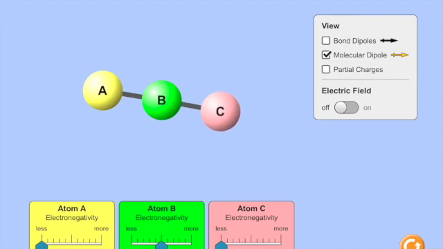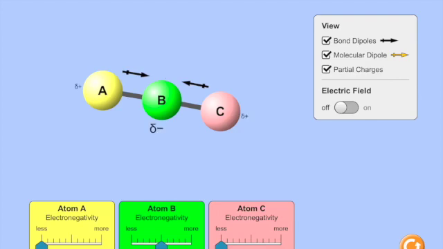Atom A and atom C are less electronegative than B. And if I look at their bond dipoles, you can see that there are polar bonds. They are both pointed towards B, meaning B is more negative, and A and C are more positive.